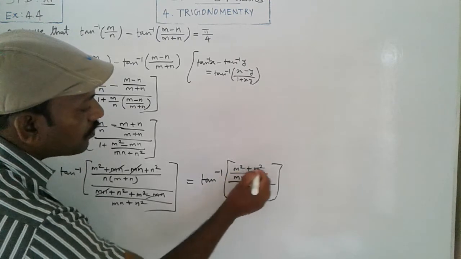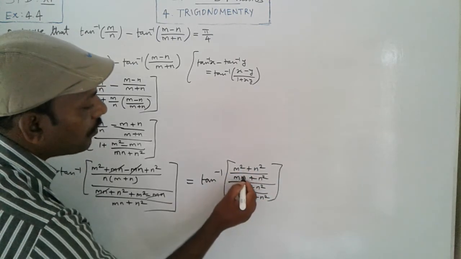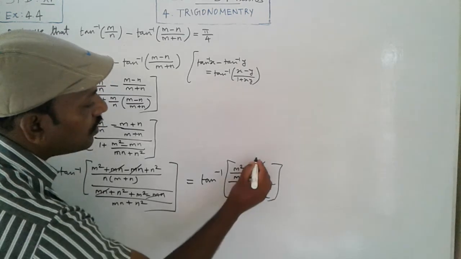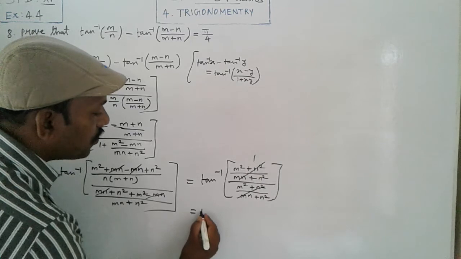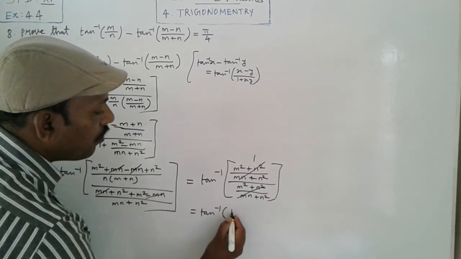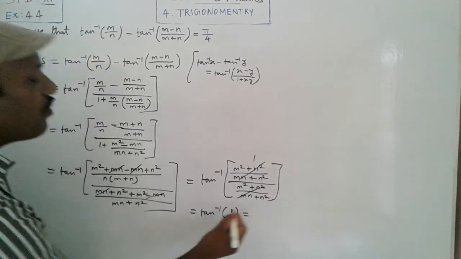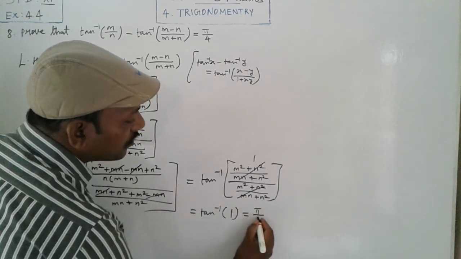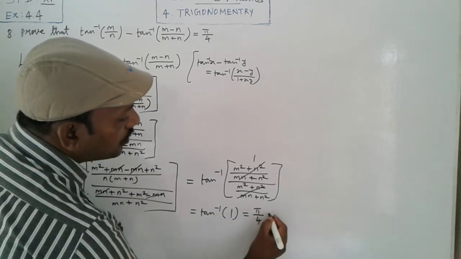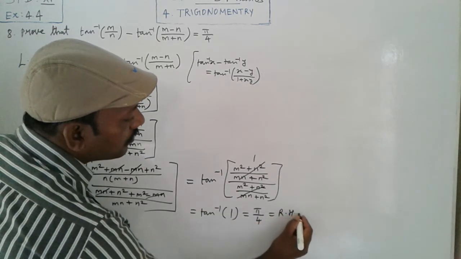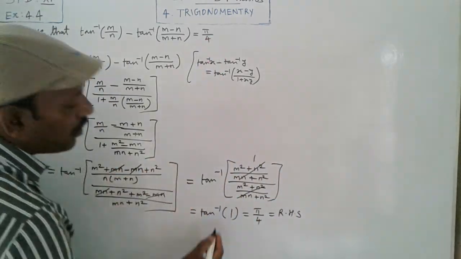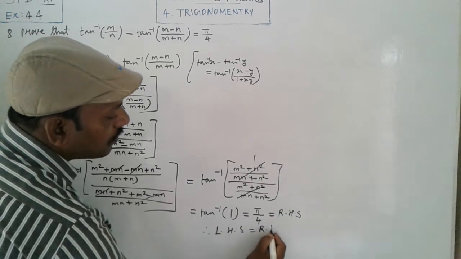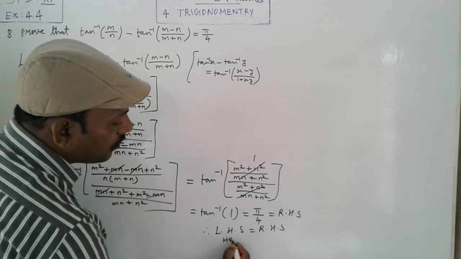So this is m square plus n square, m square plus n square, divided by mn plus n square; these two terms are cancelled one time. That is equal to tan inverse of 1. So tan inverse of 1, we know that value is pi by 4. So pi by 4 equals RHS. RHS is pi by 4. Therefore LHS equals RHS, hence proved.